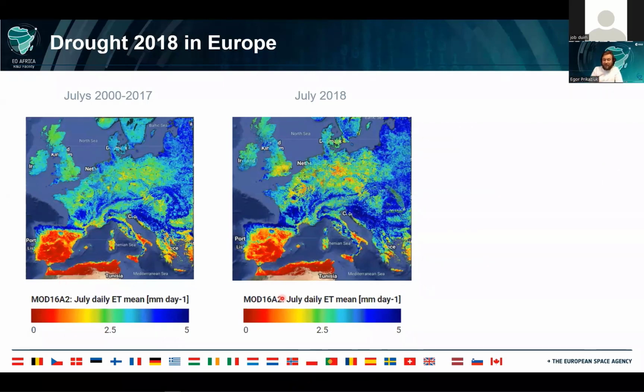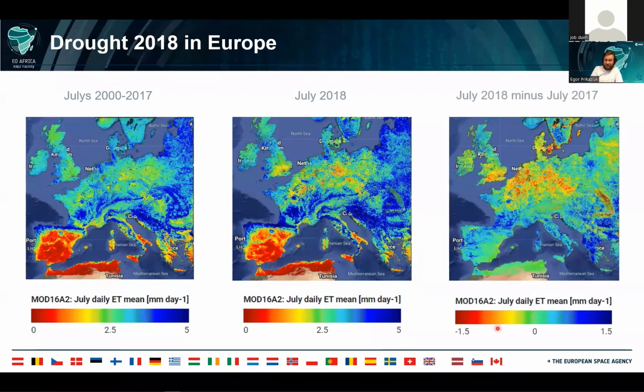And in July 2018, the situation was not dramatically different. Maybe here a little bit. But keep in mind, these are millimeters per day. And in the difference, we can see that 1.5 millimeters per day was missing.